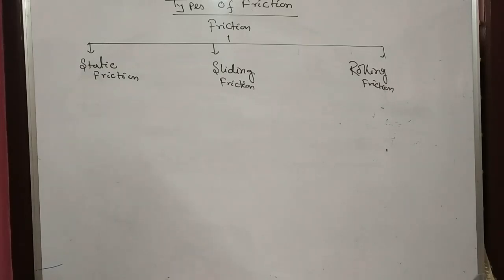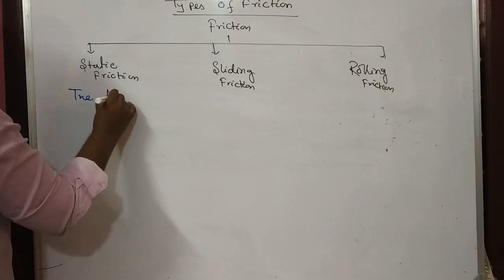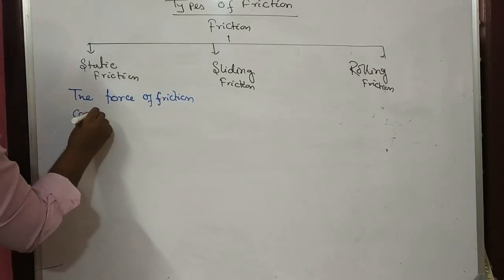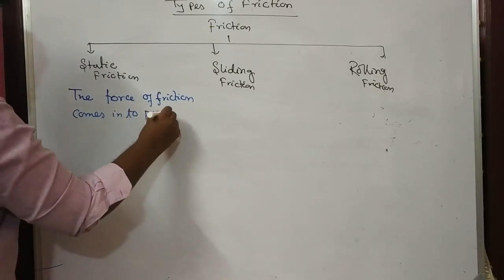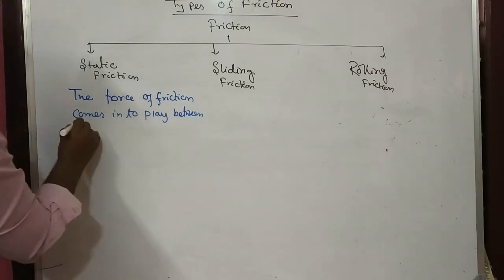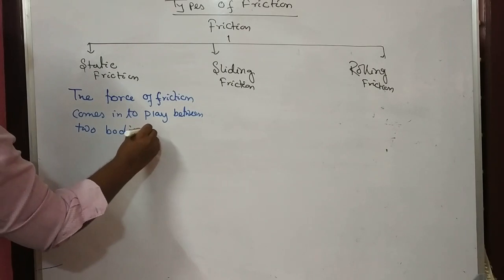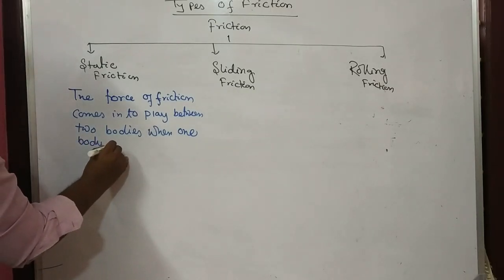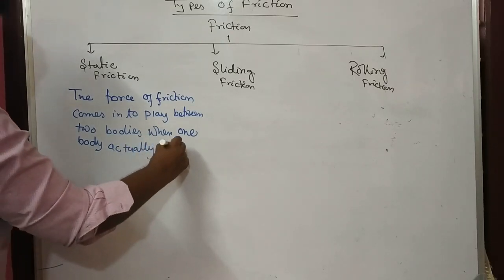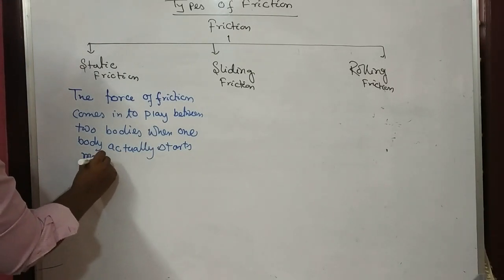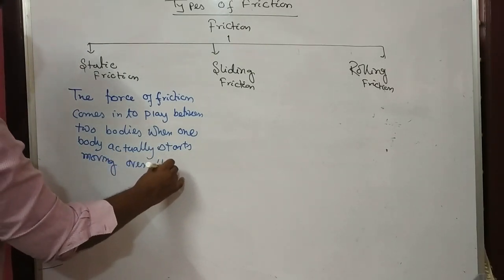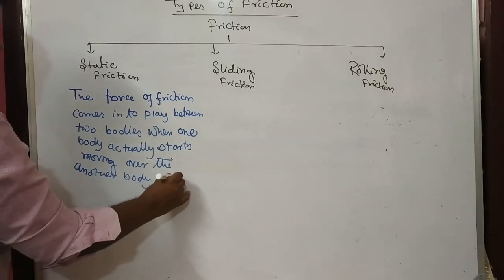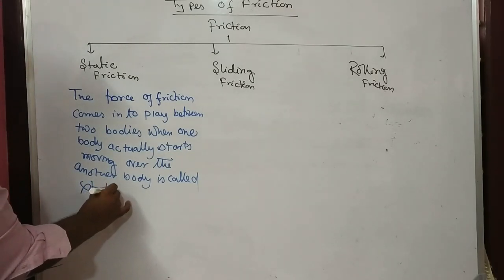So what is static friction? The force of friction comes into play between two bodies when one body actually starts moving over the another body is called static friction.